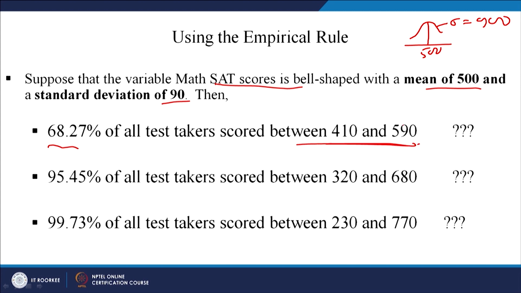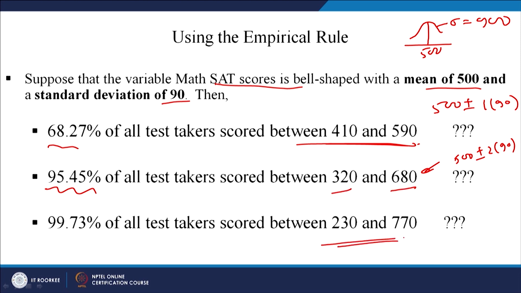How did you get this? Very simple, 500 plus minus 1 into 90, where 90 is your standard deviation. Similarly, within 2 sigma limits, you will have 500 plus minus 2 into 90. So, the lower limit is 380 and the upper limit is 680.